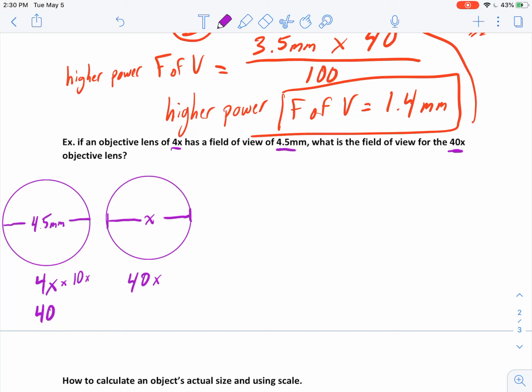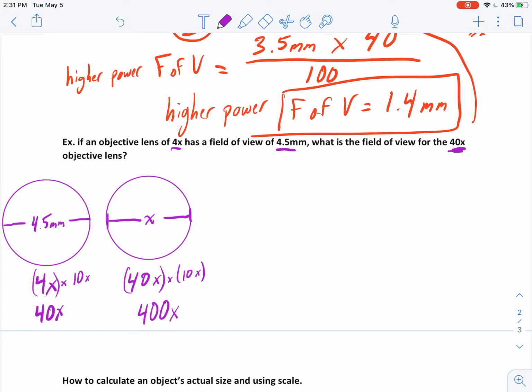So this is actually a 40 times combination with the compound microscope. This one here is going to be 40 times that 10, which is 400 times. So using a 40 times objective lens actually creates a total magnification of 400 times.